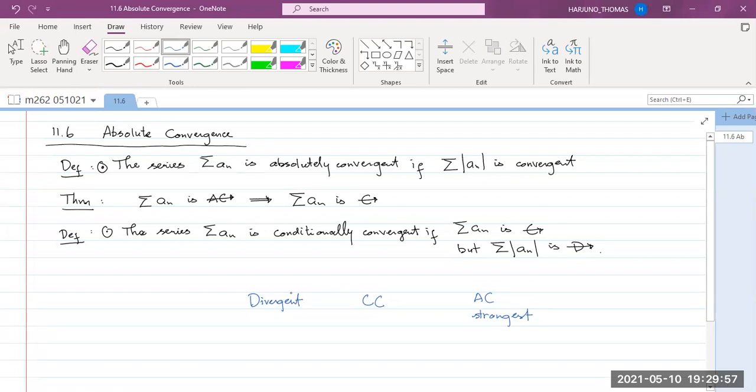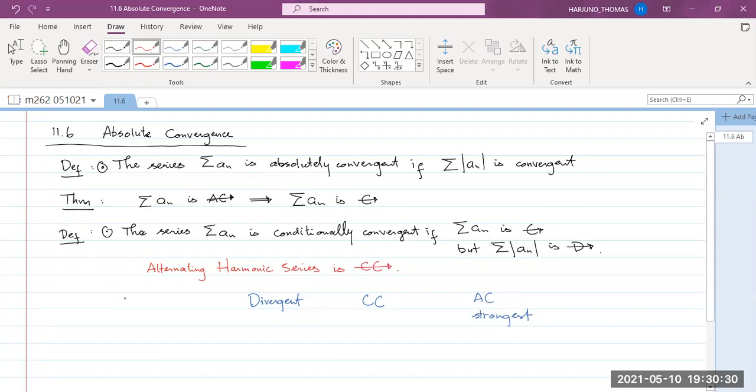Okay, now one classic example of conditionally convergent is the alternating harmonic series. The alternating harmonic series is conditionally convergent.